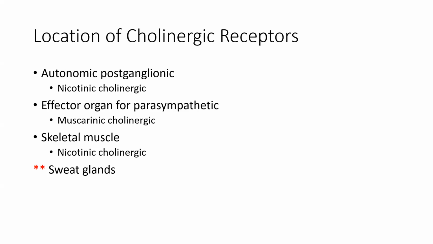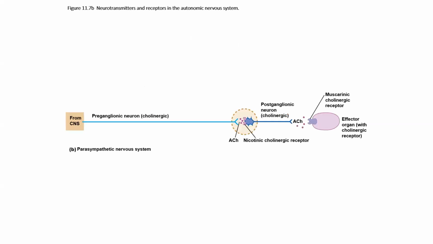So on our effector tissues, and I'll jump back to this schematic here, we've got this muscarinic, which is a metabotropic type of cholinergic receptor, whereas on the postganglionic neuron itself, we've got this nicotinic type of cholinergic receptor. So right away, we can see that there's going to be a difference in the speed of the response at these two locations.